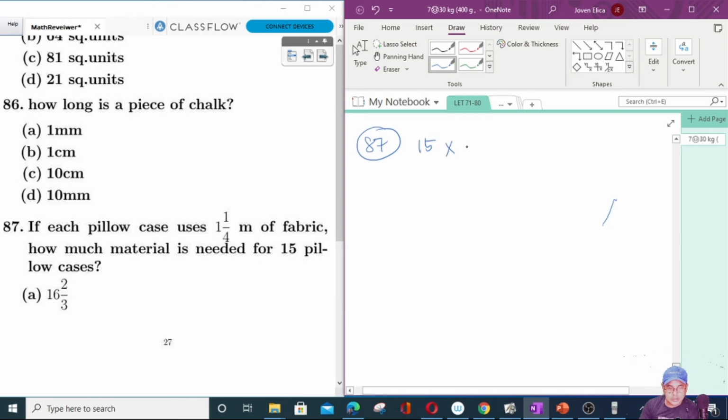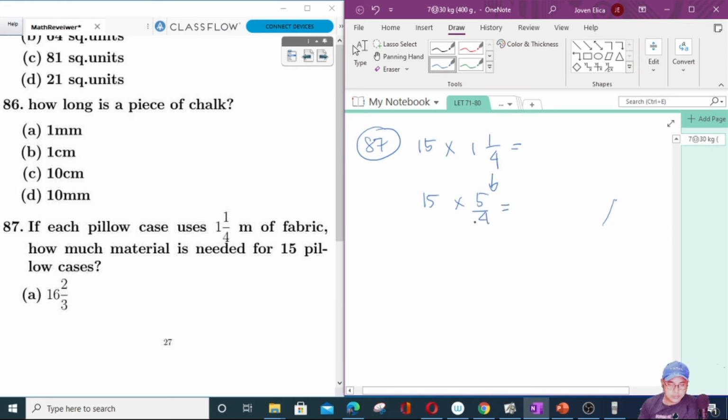So 1 and 1/4, if you're going to change this into improper fractions, 1 times 4 is 4, plus 1 is 5/4.